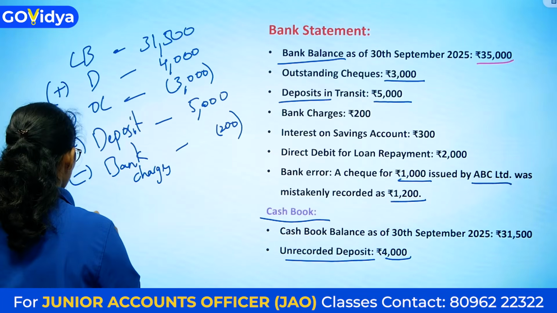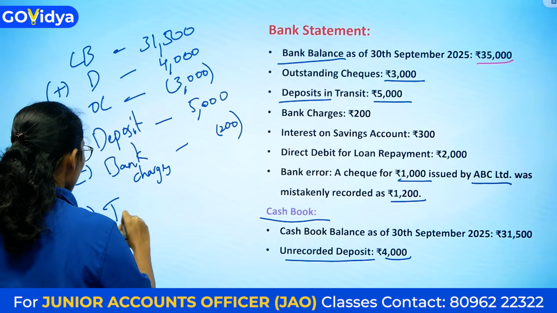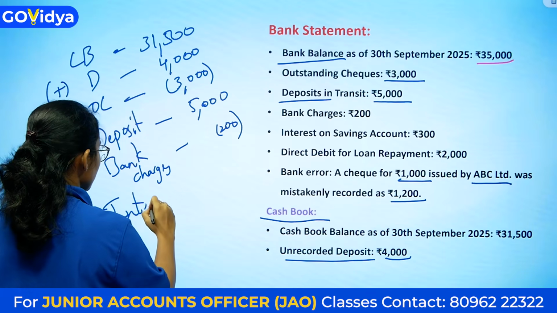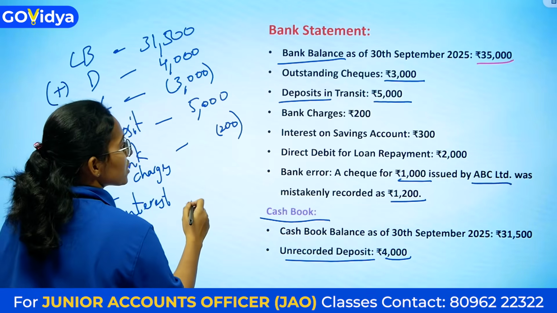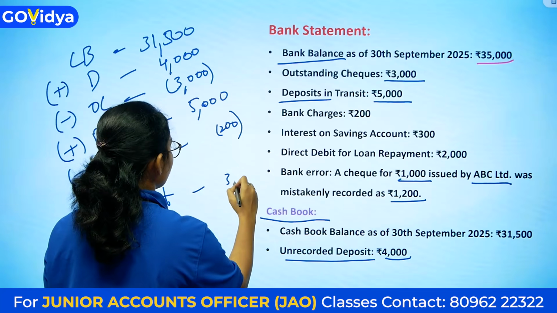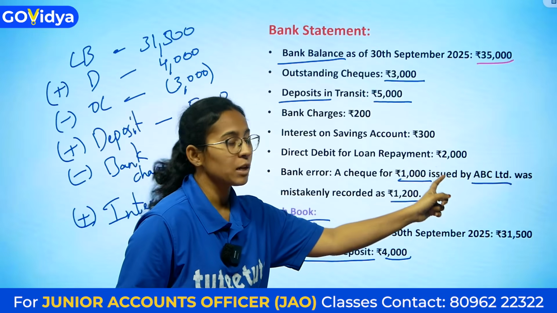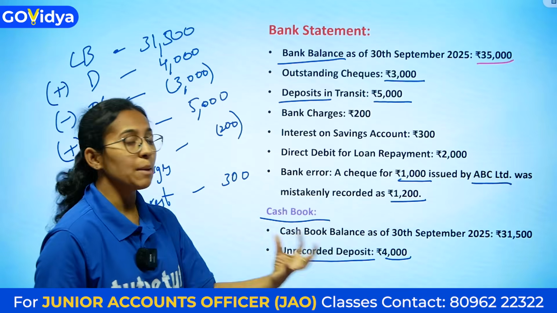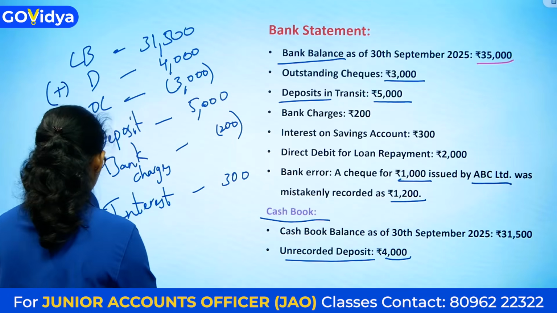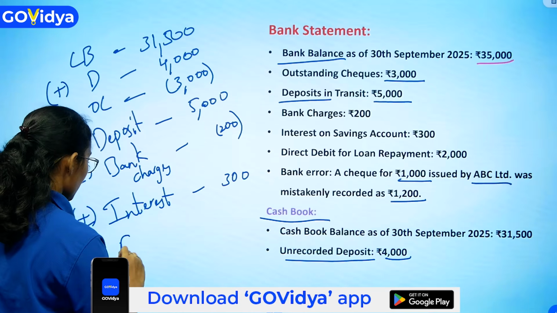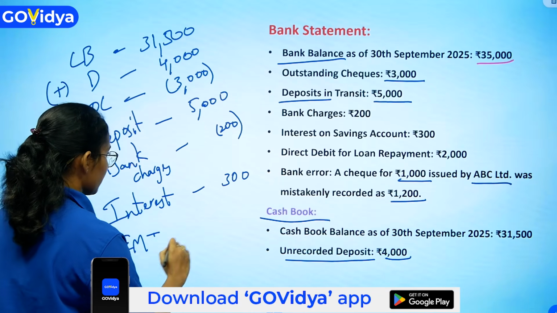It's an add because it's an income for us. How much interest? 300. Direct debit for the loan repayment. It's like an auto pay which is debited from our account. Minus EMI. How much? 2,000.